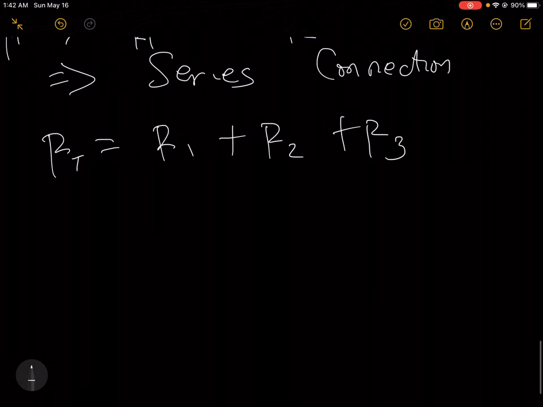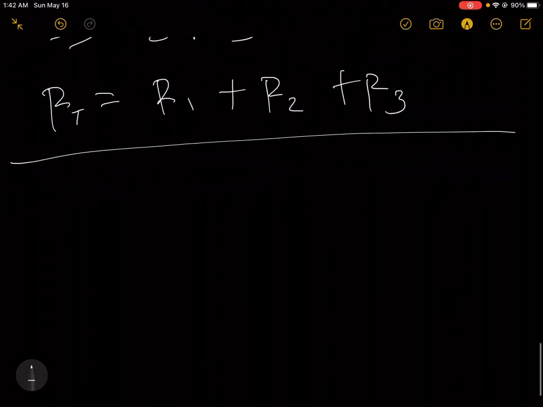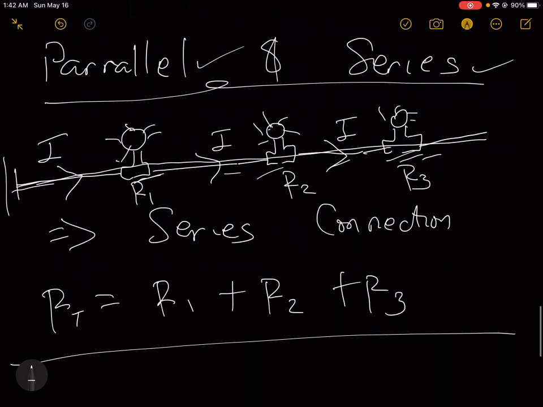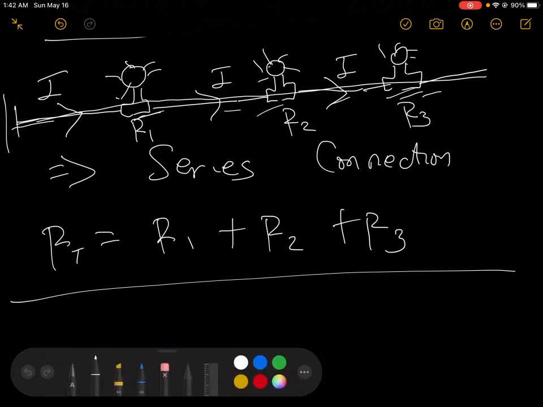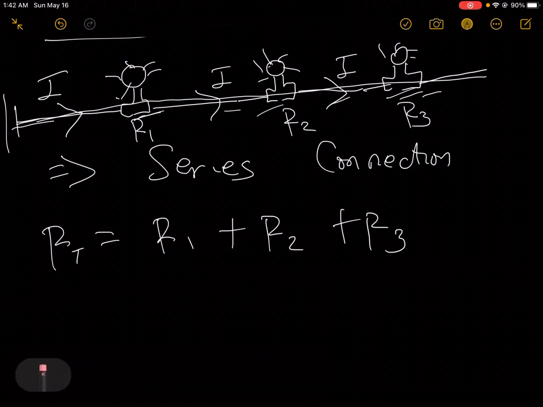Now let me give an example of parallel. In parallel, there's always a division, unlike in series. Wait, let me make this better.